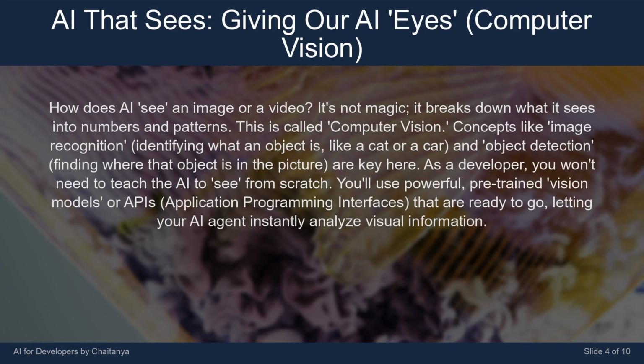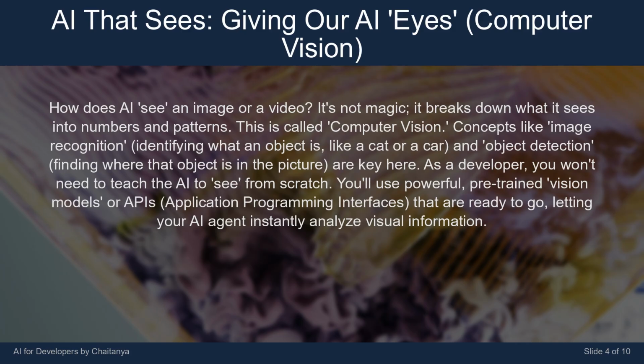How does AI see an image or a video? It's not magic. It breaks down what it sees into numbers and patterns. This is called computer vision. Concepts like image recognition, identifying what an object is, like a cat or a car, and object detection, finding where that object is in the picture, are key here.